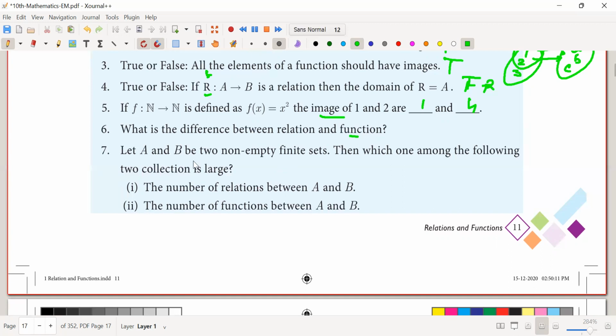Let A and B be two non-empty finite sets. Which one among the following two collections is larger: the number of relations between A and B, or the number of functions between A and B? Number of functions.